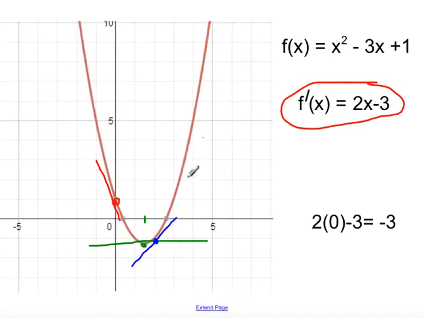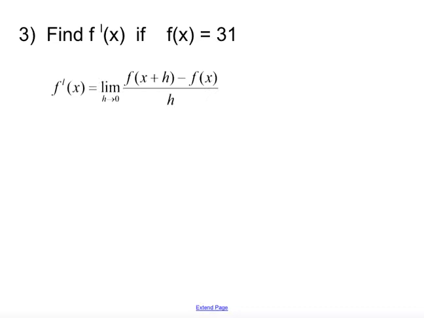Any x value over on this side will give you a positive slope, and any x value basically less than 1.5 will give you a negative slope, which visually is true. So let's try this last one. Find f prime of x if f of x equals 31. So with 31, we don't have a variable to plug into.